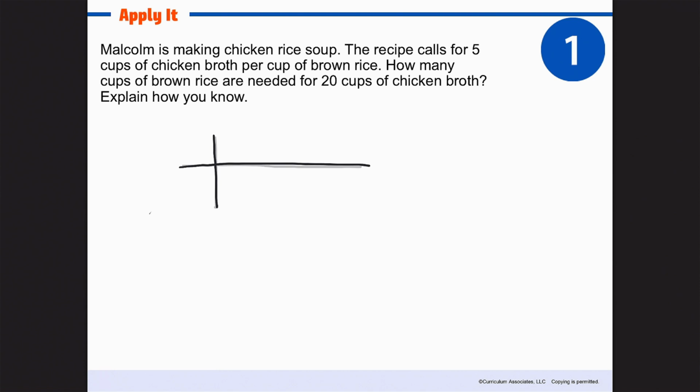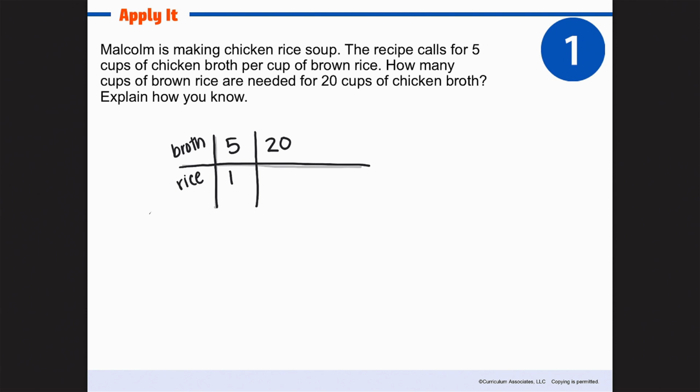Explain how you know. So we're going to start off with a basic ratio table. So we know that we're going to have broth and rice. Okay, and it originally tells us that we have 5 cups of chicken broth for every 1 cup of brown rice. So then it says, well, how much brown rice is needed for 20 cups of chicken broth?